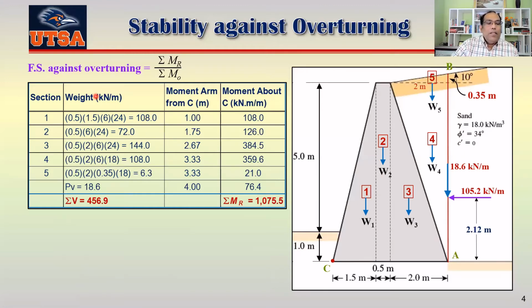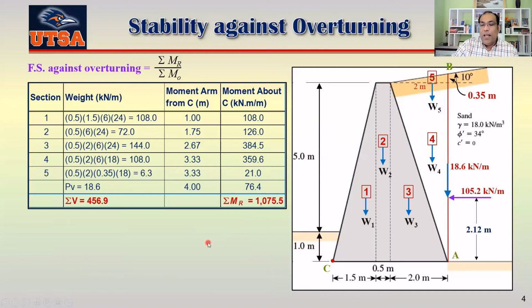Similarly, for 2, which is a rectangle, 0.5 multiplied by 6 is the volume, and then we multiply with the unit weight, so we get the weight here. Then we measure the moment arm from point C.